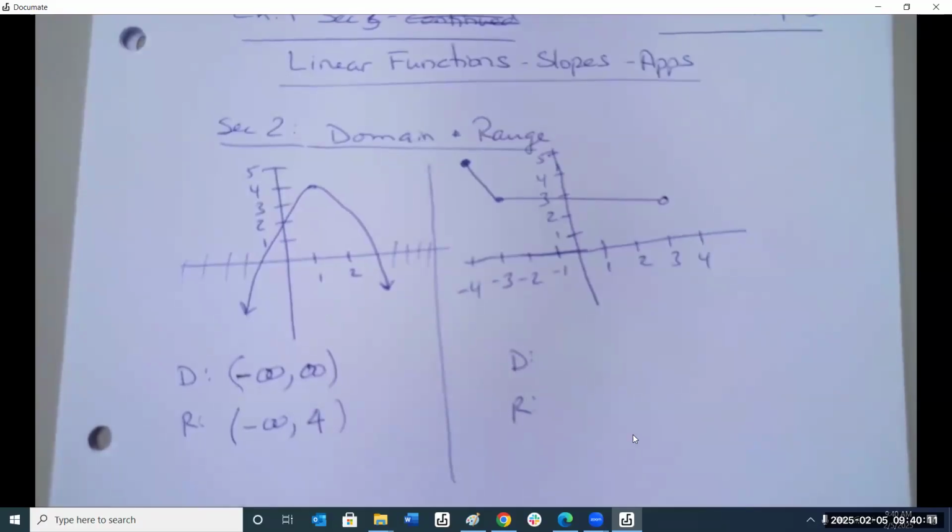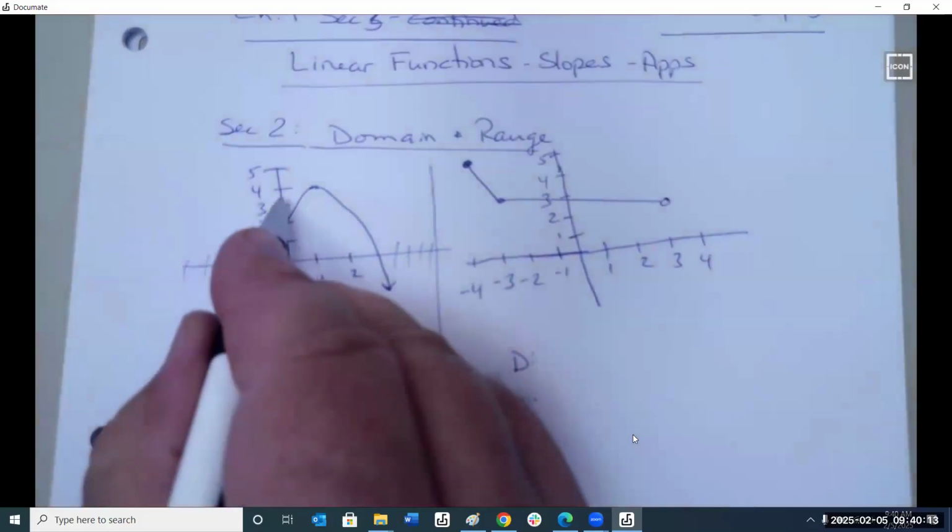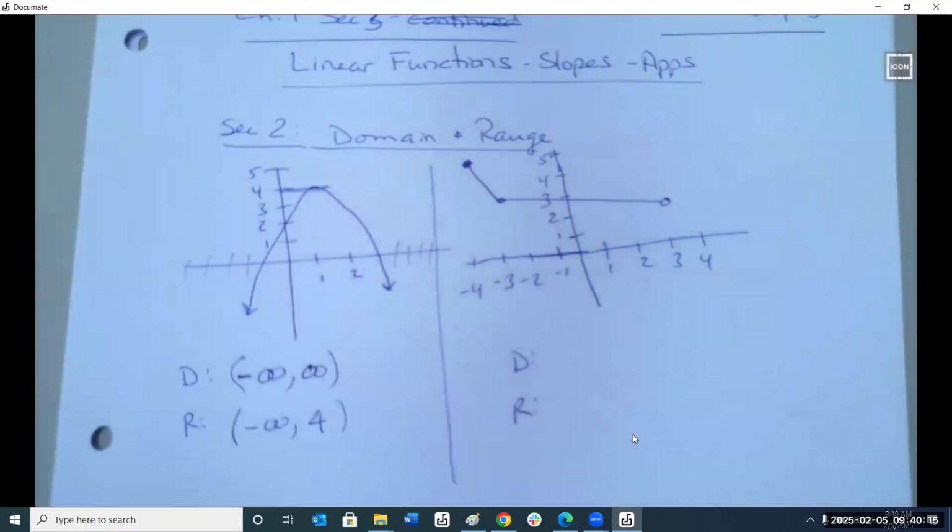The range is not correct. It goes up to here. Nope, because remember, it has to go from smaller to larger. You can use inequalities if you want. So how would you use inequality here?